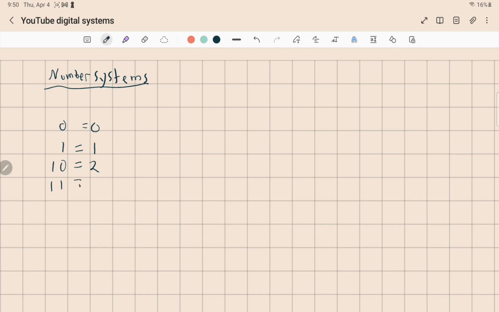Then 1, 1 is 3. 1, 0, 0 equals 4. And it just goes on like that. So as you can see, whenever you add 1 to it, it goes to the next one. So this is in base 2.